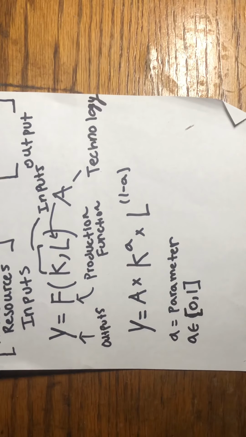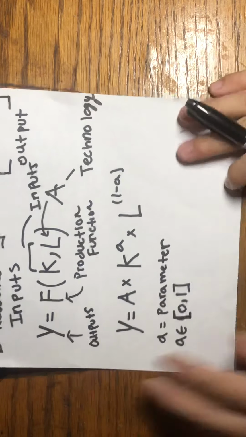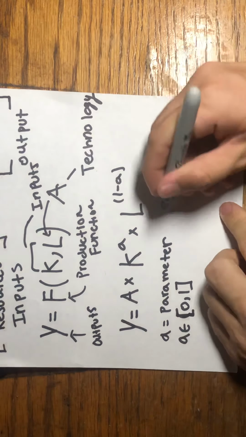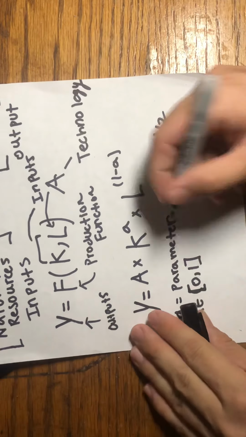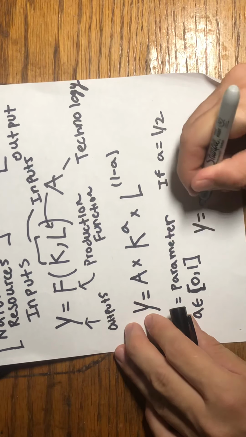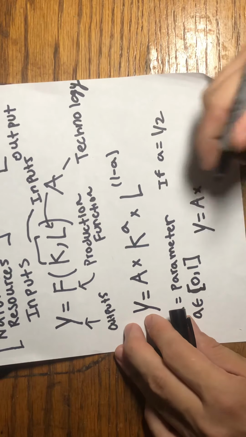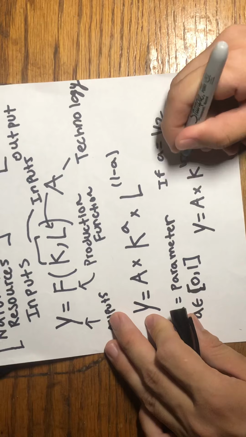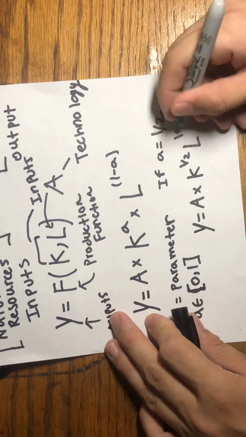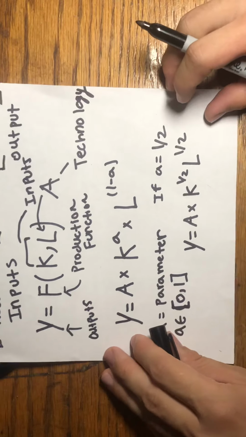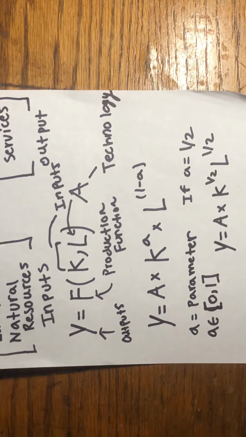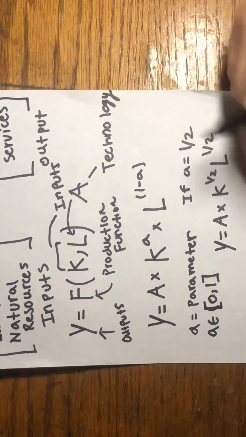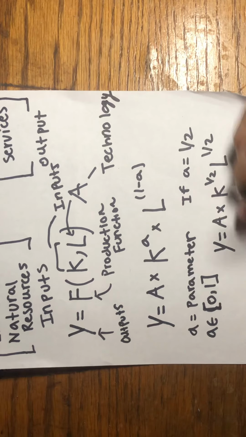So what does this necessarily mean? Essentially, if, for example, a is equal to 1/2, then what we have is y equal to capital A, technology, times capital and labor. If a is equal to 1/2, what it says is that the output being generated, half of that is explained by capital and half of that is explained by labor.